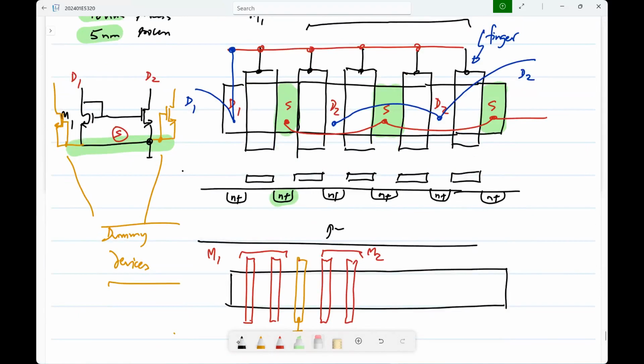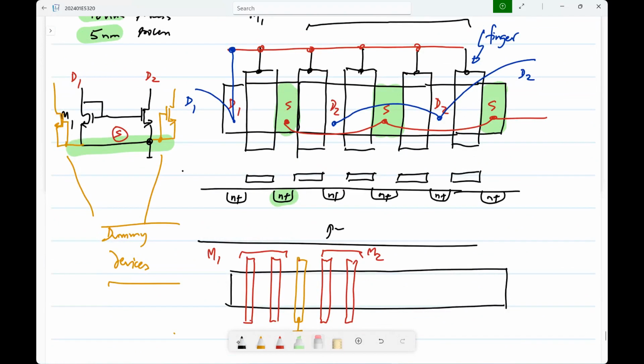Is this okay? And this finger layout, it turns out, also reduces the parasitic diodes, because you can see that each of these drain areas or source areas is shared by 2 fingers.